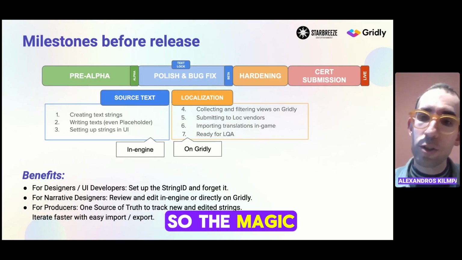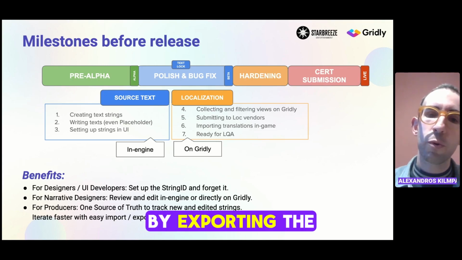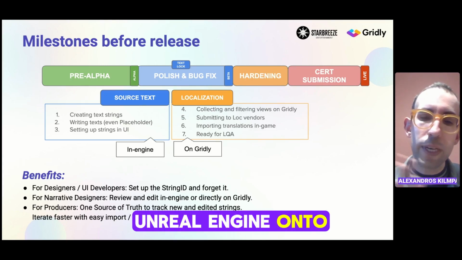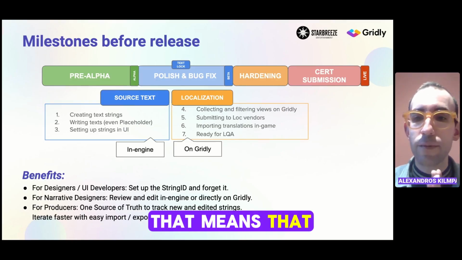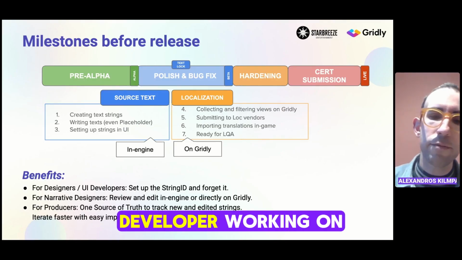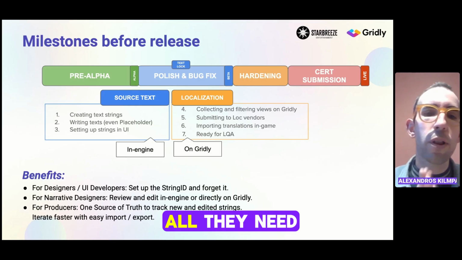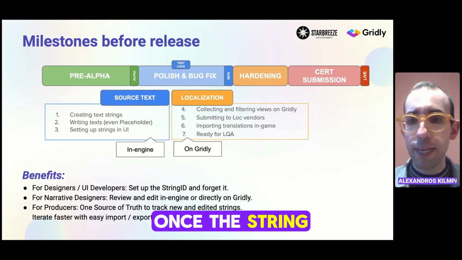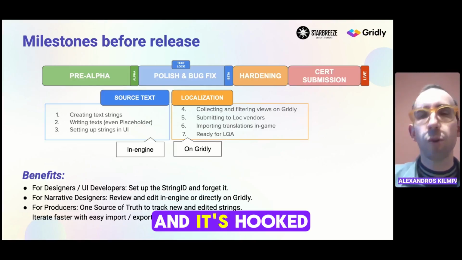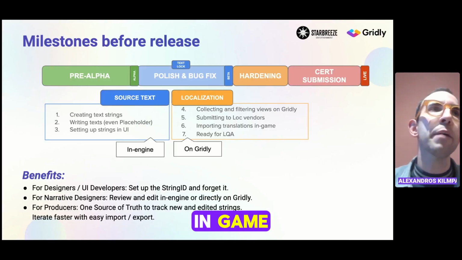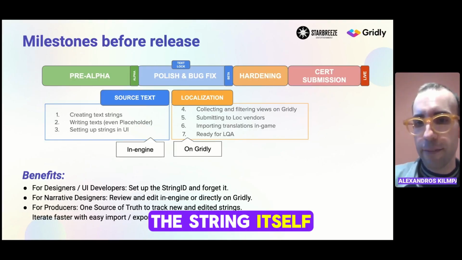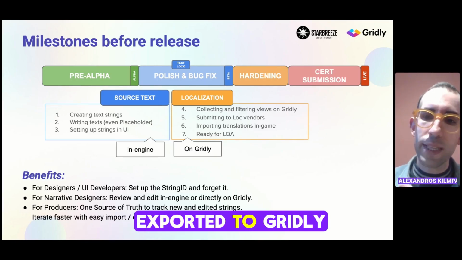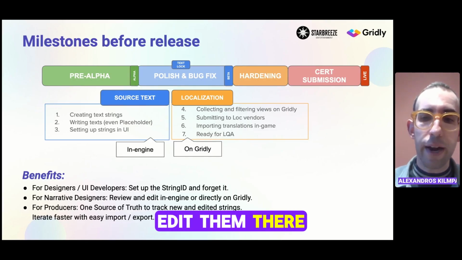So the magic is that by exporting the whole string table from Unreal Engine onto Gridley, a designer or a UI developer working on a feature only needs to set up the string ID. Once the string ID is set up and hooked with the UI in-game, the string itself can create placeholders that are then exported to Gridley, and we can edit them there.